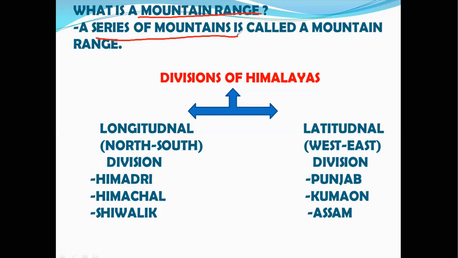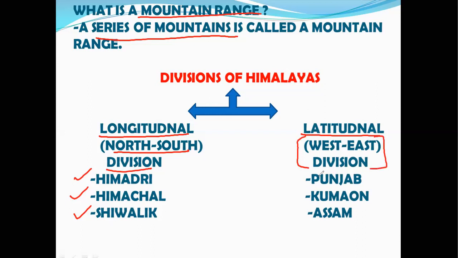Now, the Himalayas are divided on two bases: on a longitudinal basis as well as a latitudinal basis. The north to south division of the Himalayas is Himadri, Himachal and Shivaliks. Further, it can be divided on the basis of west to east division as well.